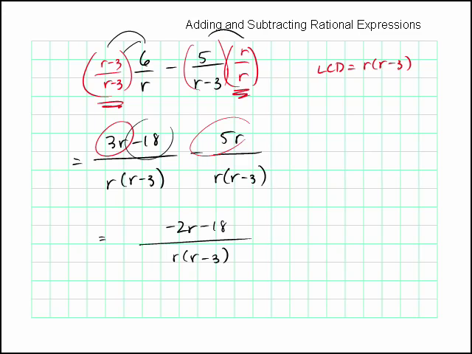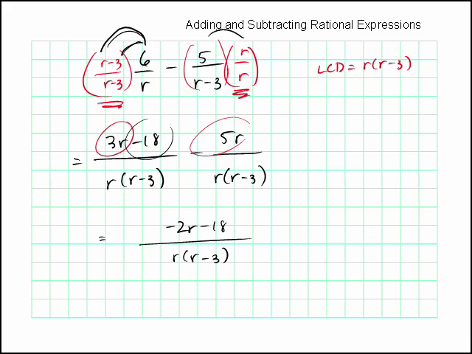I could, let's see. I could factor a negative 2 out of the numerator, but, oh, wait a second. Wait, hang on. I goofed. Let's go back and fix it. I'm sorry.